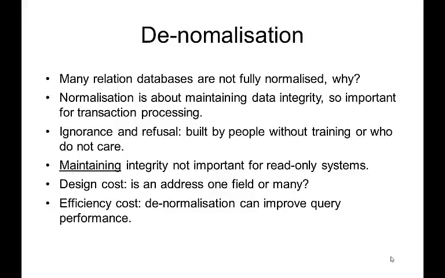Normalization, breaking the tables apart into smaller and smaller tables, but with tighter and tighter relationships between them, is great for maintaining integrity. But every time you have to do a join in a relational database, that involves processing time. So, for example, queries may be much more efficient where they don't have to undertake all the joins required if your database is normalized.